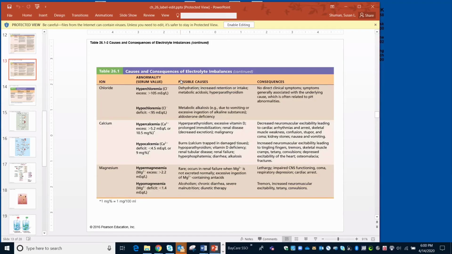But calcium is also important in membrane permeability, right? Remember with the heart, we had the calcium channels keeping us depolarized inside, so you cannot put me into a tetanic contraction.